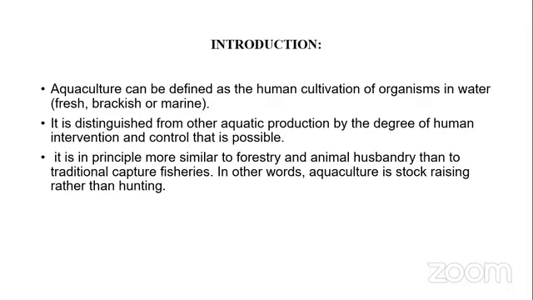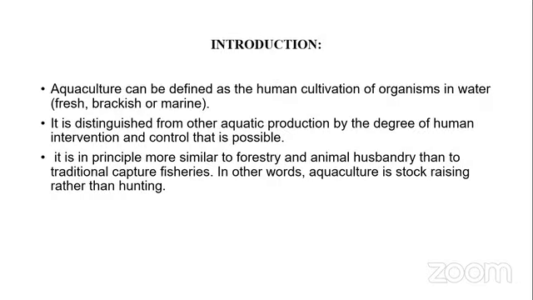So it is distinguished from aquatic production by the degree of human intervention and control that is possible. Now, in principle it is more similar to forestry and animal husbandry than to traditional capture fisheries. In other words, aquaculture is stock raising rather than hunting.